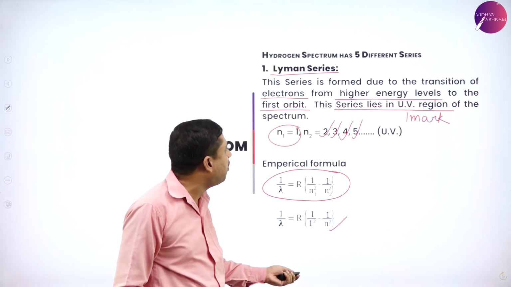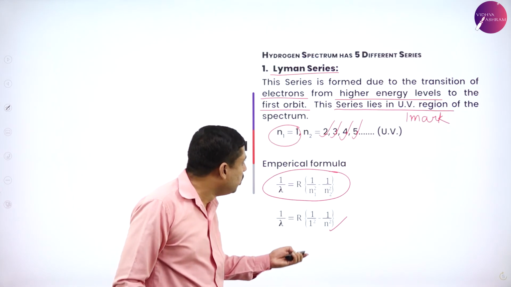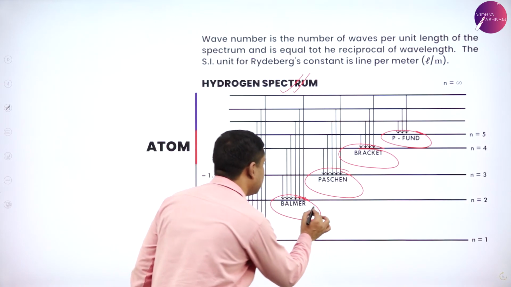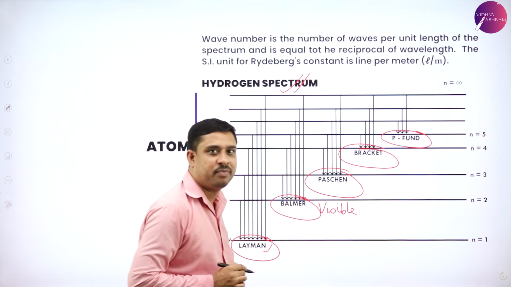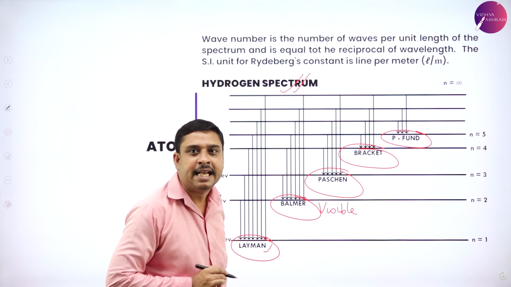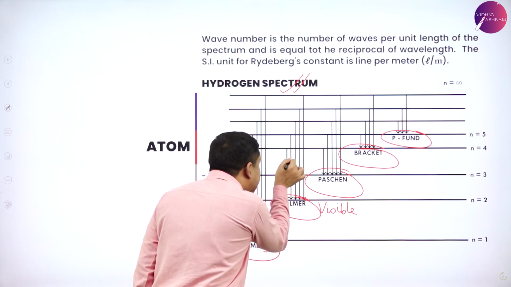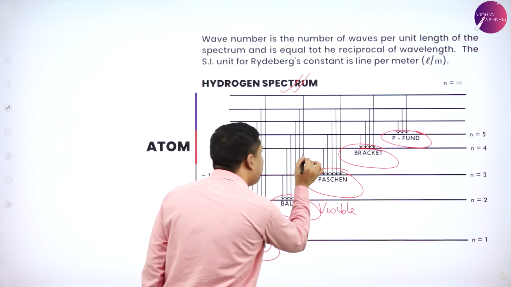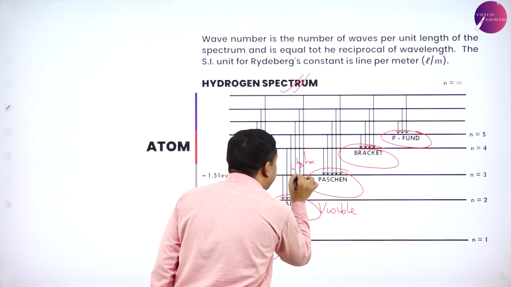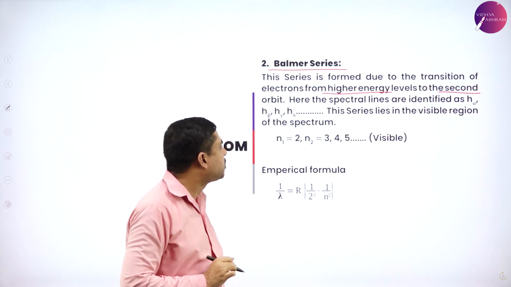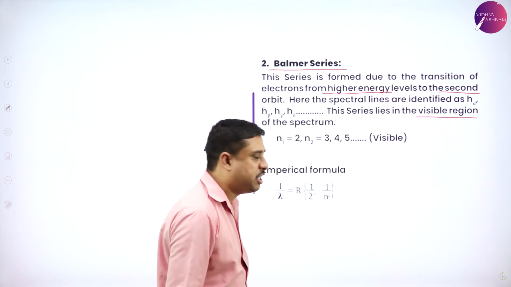Balmer series is formed. And there is a very unique thing with the Balmer series. It lies in the visible region of the spectrum, and hence each line is identified by a name. First line is called H alpha, second line is called H beta, third line is called H gamma.